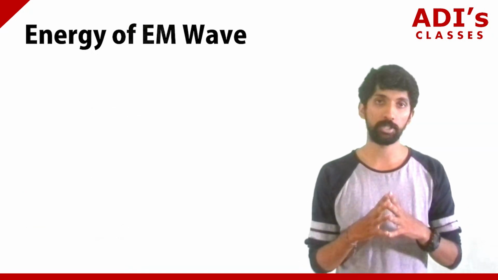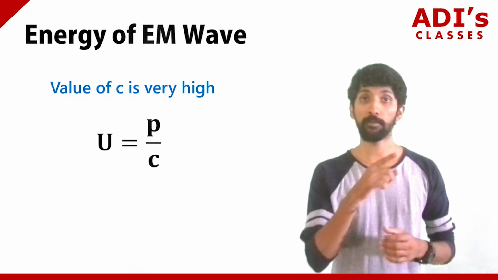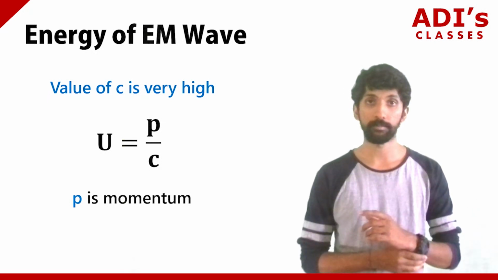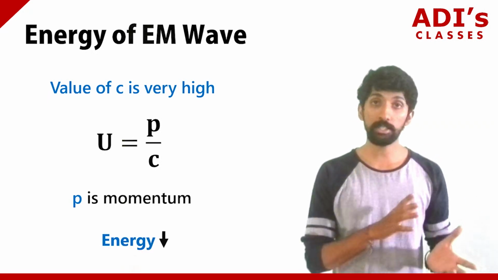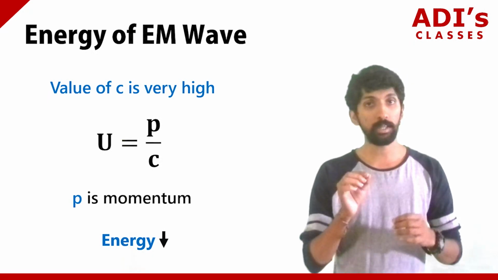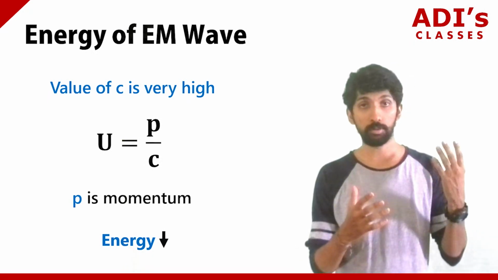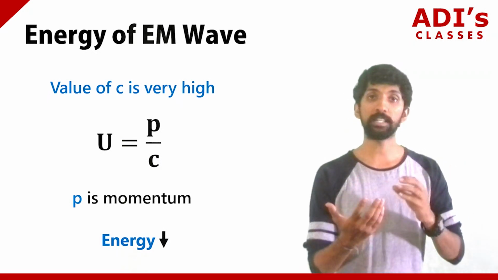The reason we don't feel that pressure is because the value of C is very high, right? So we have U is equal to P divided by C, where P is the momentum. The value of C is extremely high, so the energy whatever we have becomes very, very small. Even though the waves are coming and bombarding our hand, we don't feel that pressure.